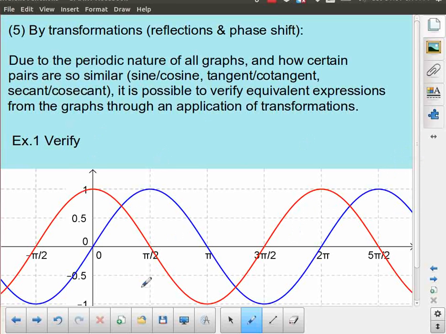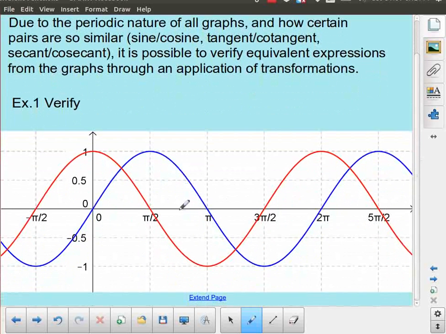Another one, in this case, I've really gone through this already. Because sine and cosine, tangent and cotangent, and secant and cosecant are different pairs that look very similar to each other, you can take any pair that has the same general shape and verify pretty much any property you want using those transformations.